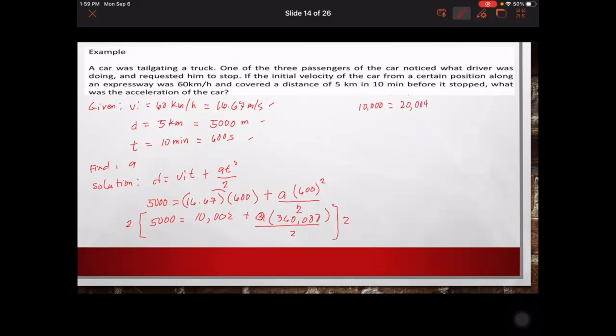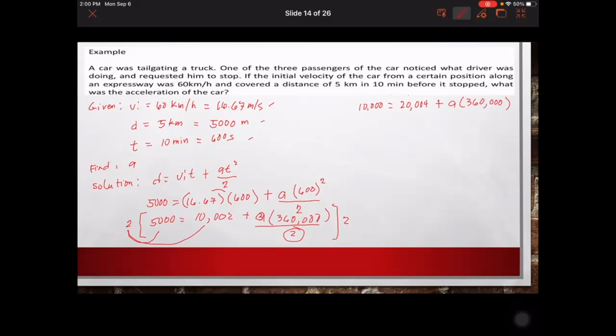Tapos, plus a times 360,000. Again, nag-multiply tayo ng 2 para matanggal natin itong 2 sa baba, both sides.